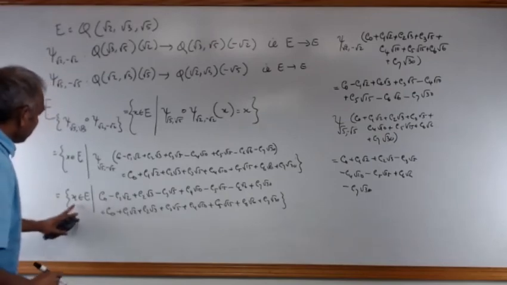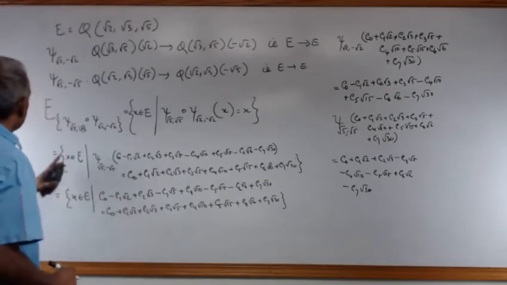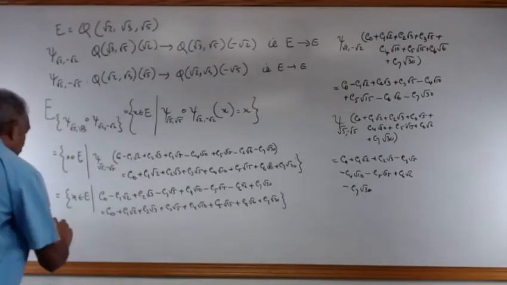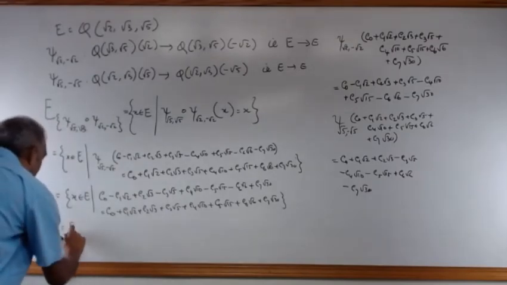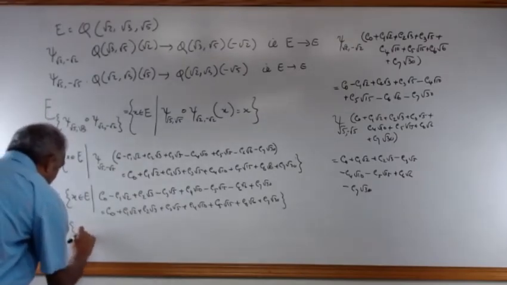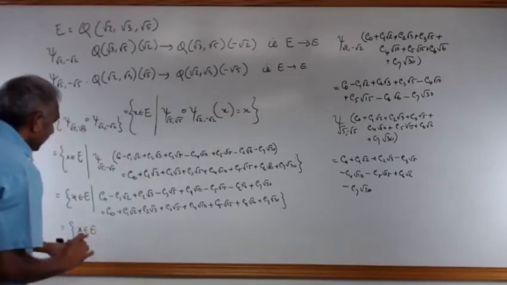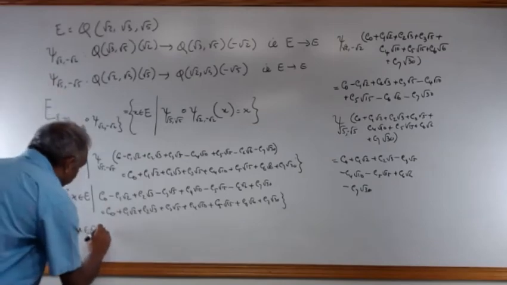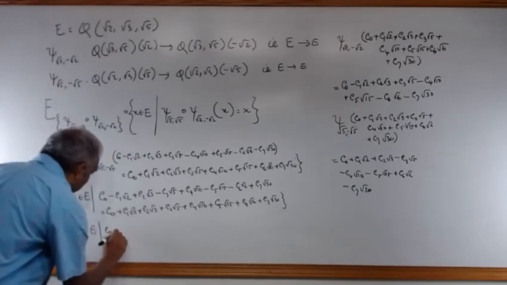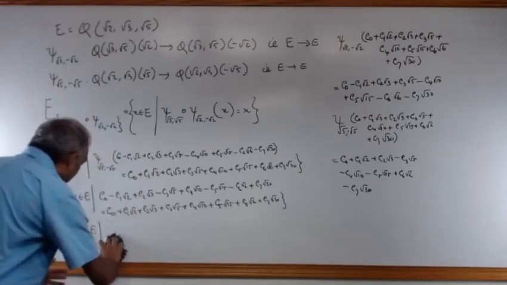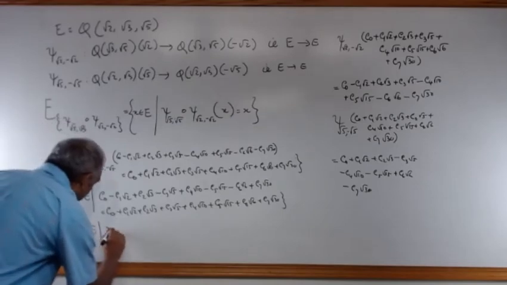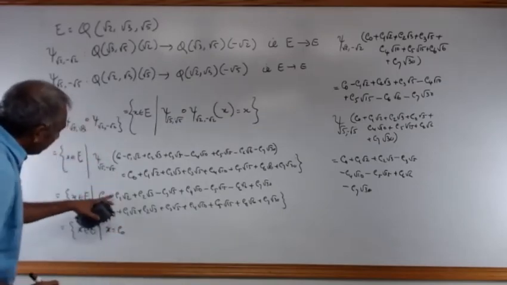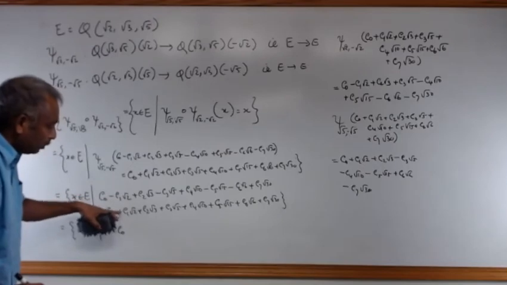Then those x belong to this fixed field. So that is going to be x belongs to E. This x is again the same thing, c0, where x is equal to c0. This has to be 0. Then only this will be equal.